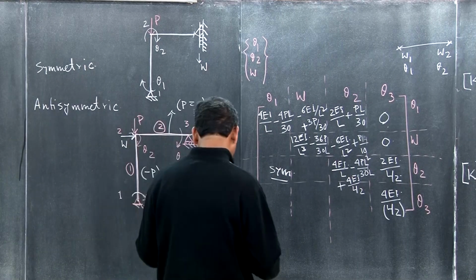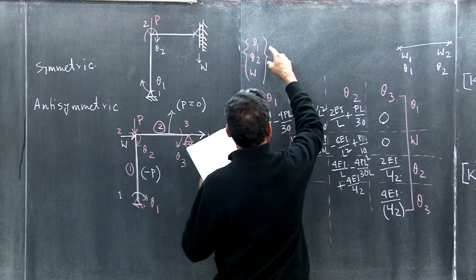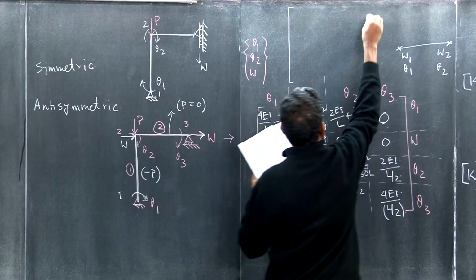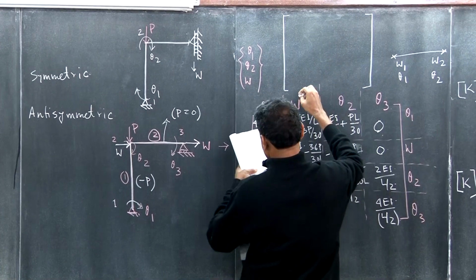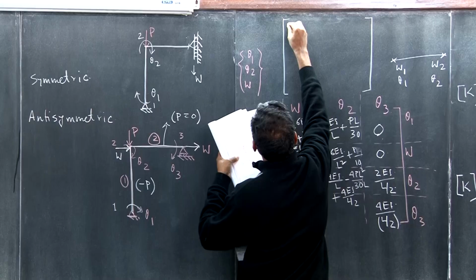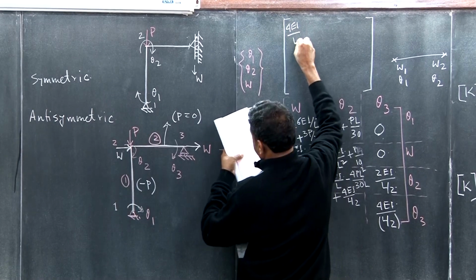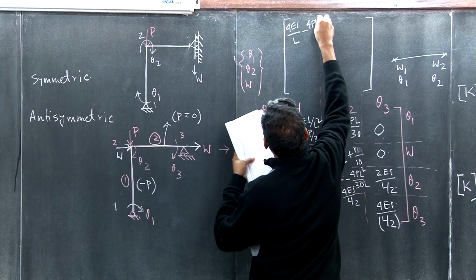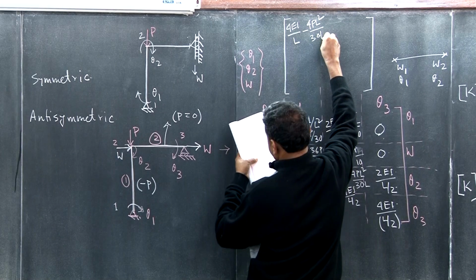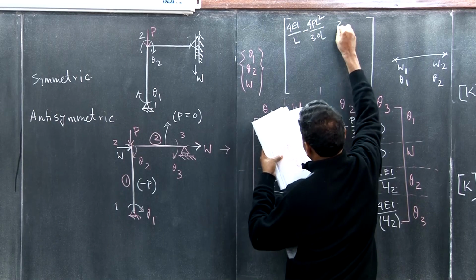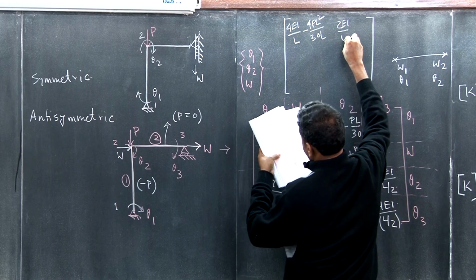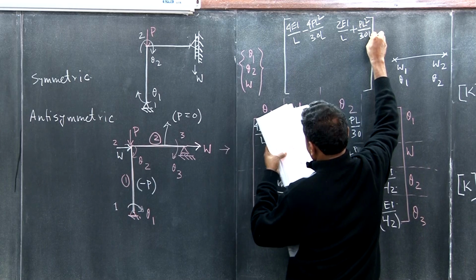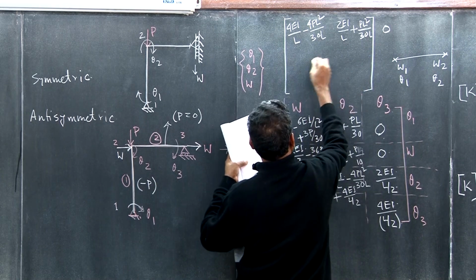Similarly, I can also write down the stiffness matrix for the symmetric mode, and it will look like this: 4EI by L minus 4PL square by 30L, 2EI by L plus PL square by 30L, 0, whatever, symmetric.